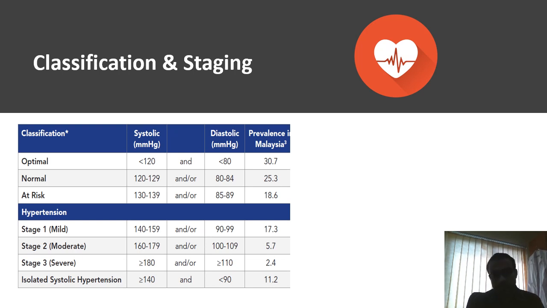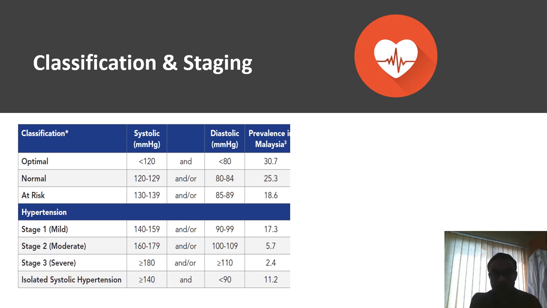Hypertension classification and staging. This table shows the classification and the prevalence at the national level in Malaysia. We can see from this table that up to 130 to 139 systolic or 85 to 89 diastolic, it is still not classified as hypertensive.